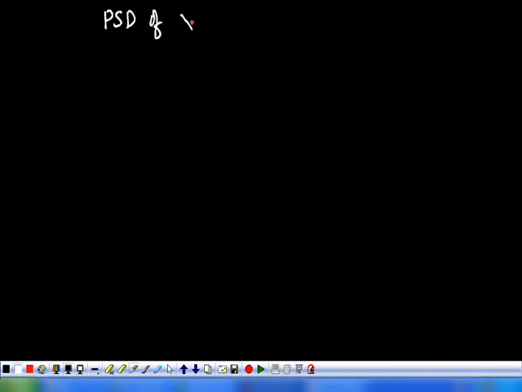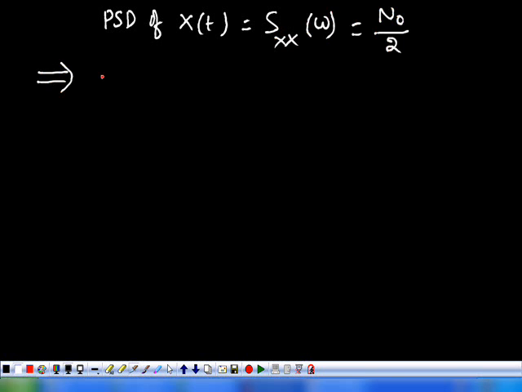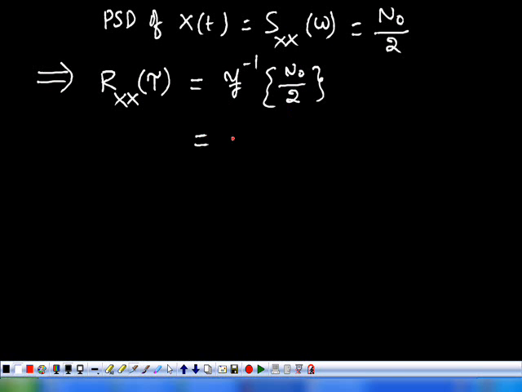So the PSD of X of t, SXX of omega, is equivalent to N naught by 2. So therefore, RXX of tau is equivalent to the inverse Fourier transform of this.